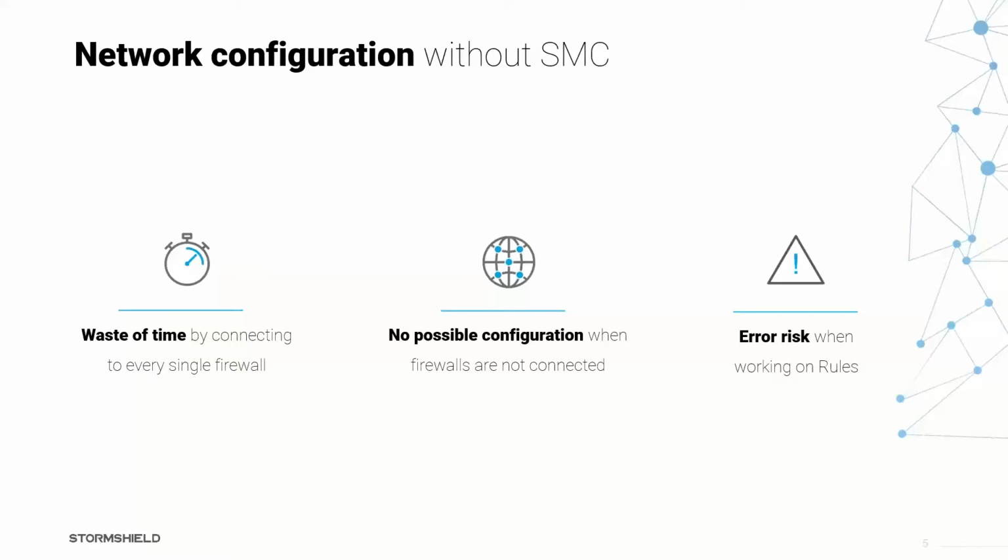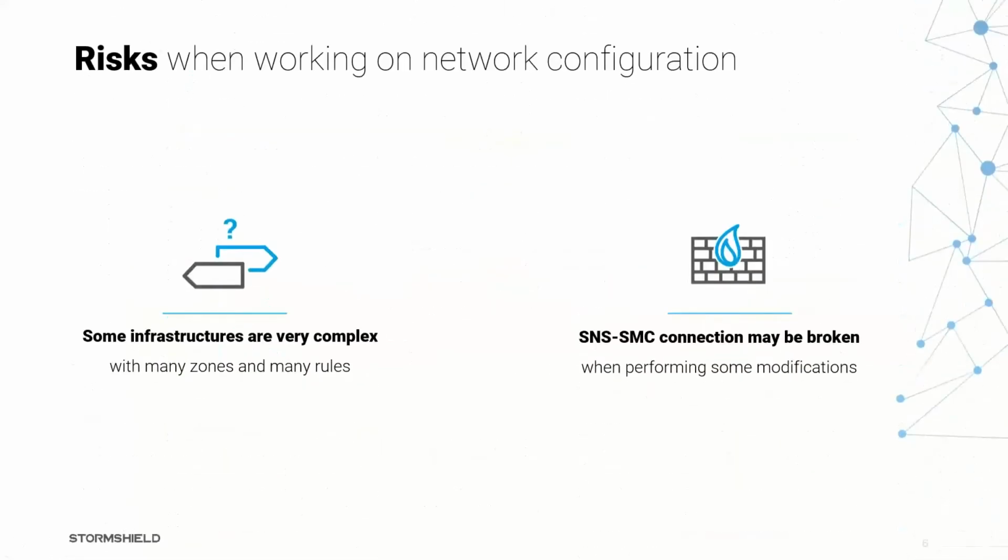And also, of course, it is a risk of error when working on the rules, because when working on the rule, you can give details about the interfaces which are not handled so far without SMC. Also, you always risk some disconnection when working on the configuration.